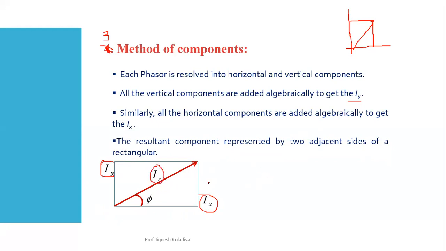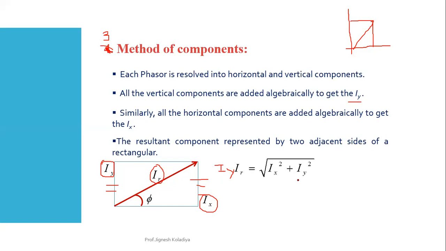So how we can find this resultant? If this is Ix, can I write this vertical line is equal to this one? So here I can write Iy. So what is IR? Square root of Ix square plus Iy square.